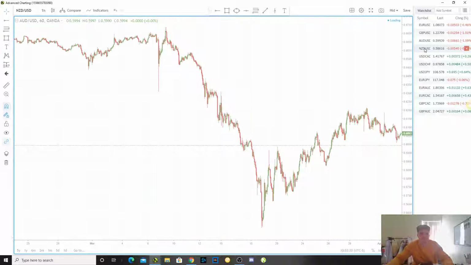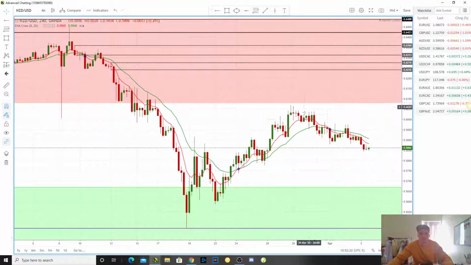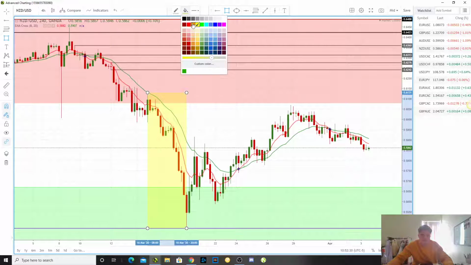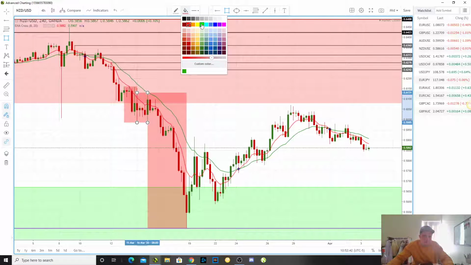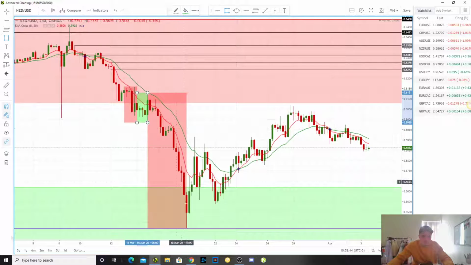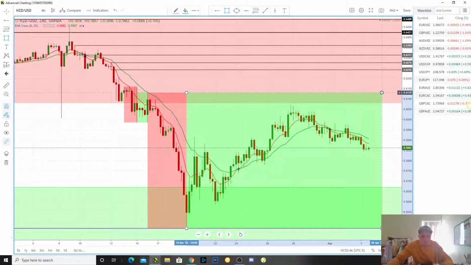But here we go. It's kind of the same thing here. These are just some things, like if you train your charts like I do every week, some things you just got to remember. So all of that is yellow.